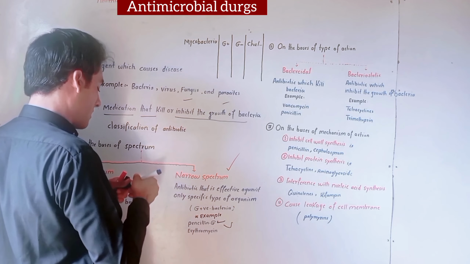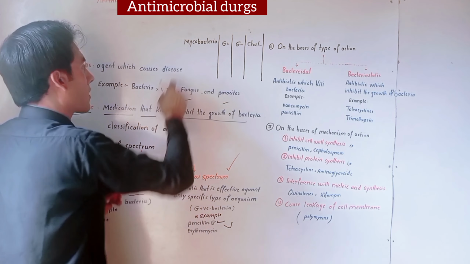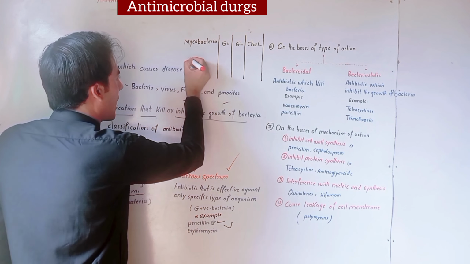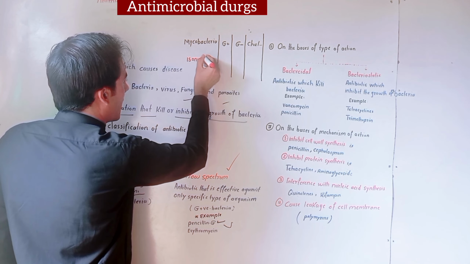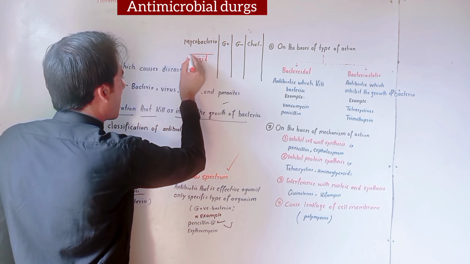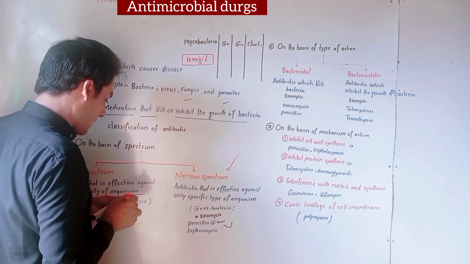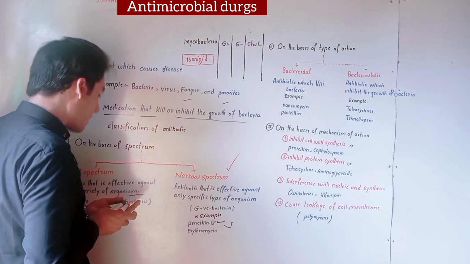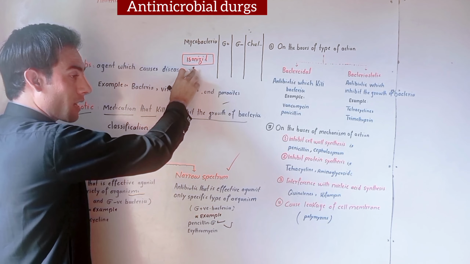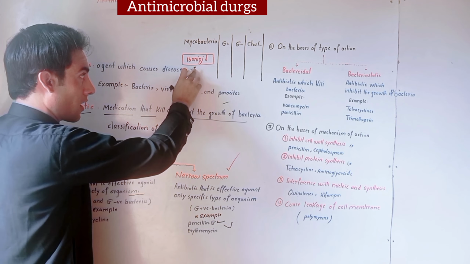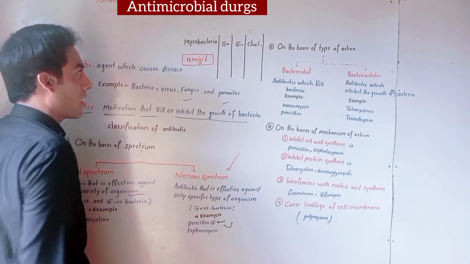It is made up of mycolic acid. Now, if we treat tuberculosis, we require isoniazid. It kills mycobacteria. So mycobacteria are killed only by isoniazid. So isoniazid is a narrow spectrum antibiotic because it kills a specific type of bacteria, that is mycobacteria.